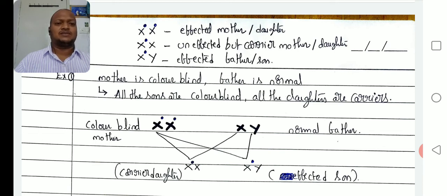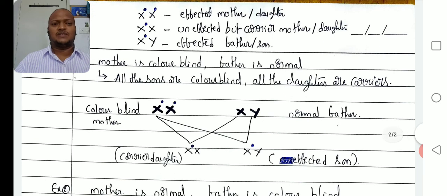Father is normal, XY. So we can observe this in the Punnett square, or we can cross like this, and the progenies are X^c X. X^c X means what? Carrier daughter, an unaffected female, and X^c Y means affected sons.